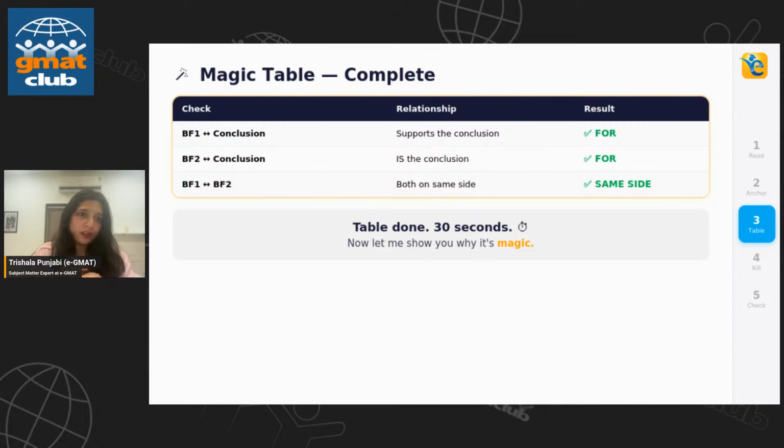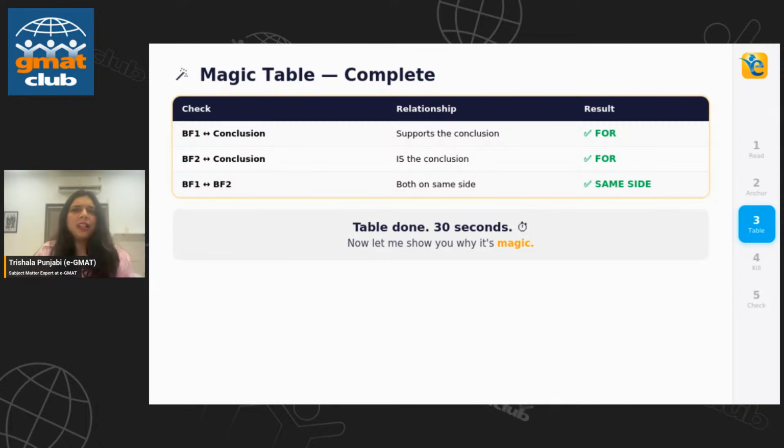Is our boldface 2 on the side of the conclusion? Is it for supporting the conclusion or is it against the conclusion? It could be neutral also, right? So is it for, against, or neutral? And the reason why we do that is because the conclusion is essentially the main point of the argument.